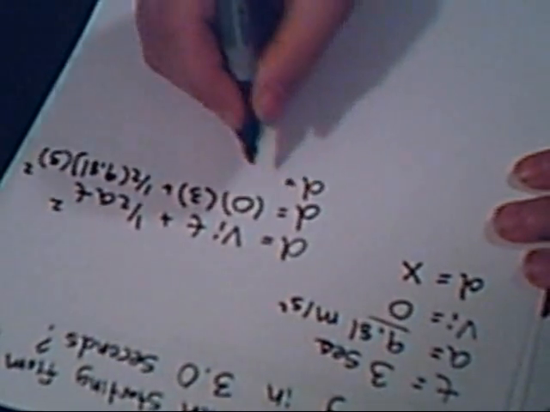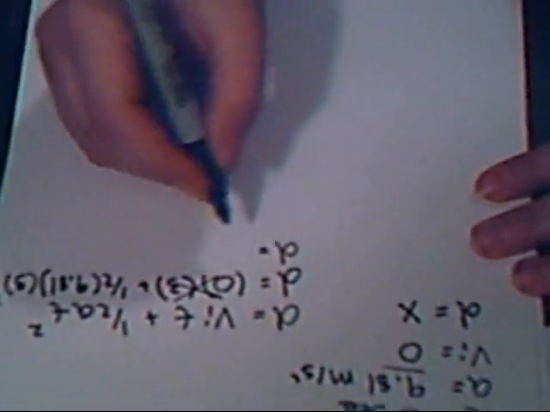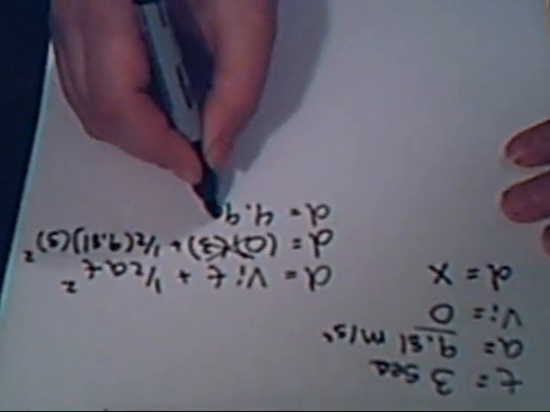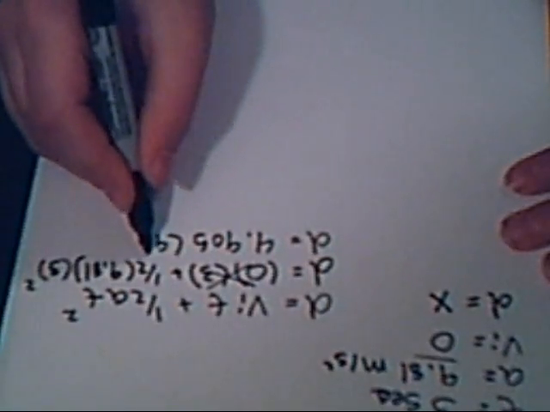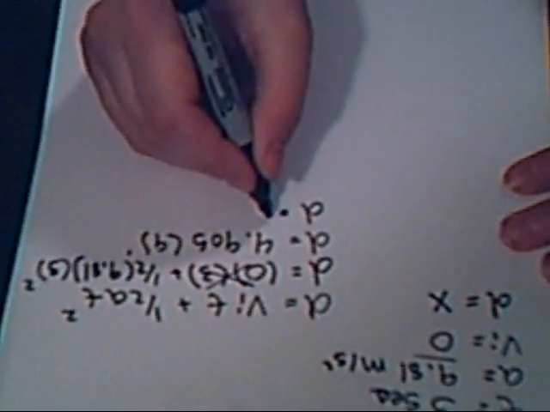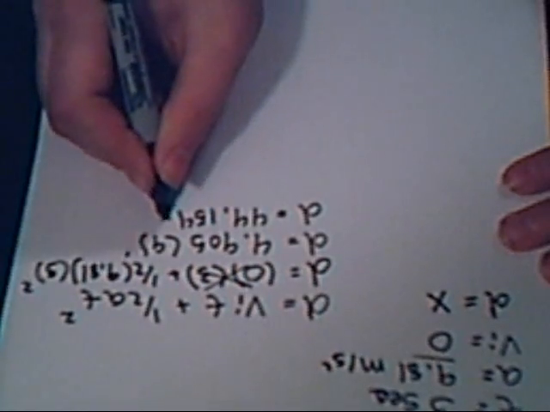So d equals 3 times 0 is 0, so that negates that. 1/2 of 9.81 is 4.905 times 3 squared, which is 9. So the distance it will fall is 44.154 meters.